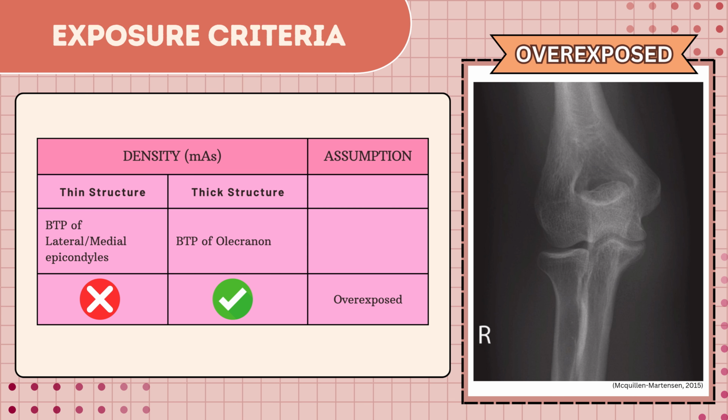And this indicates the radiograph is overexposed. This means there are too many X-ray photons reaching the IR. So, the density is dark and the bony trabeculae pattern of thin structure cannot be seen clearly. To improve, decrease the MAS by half.